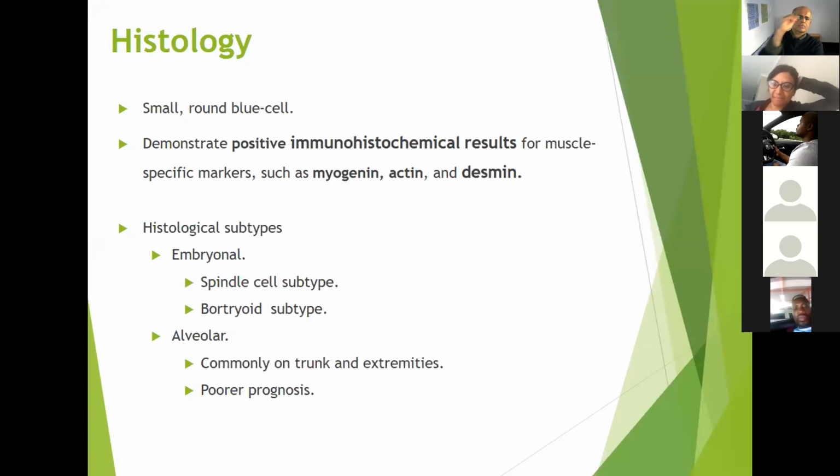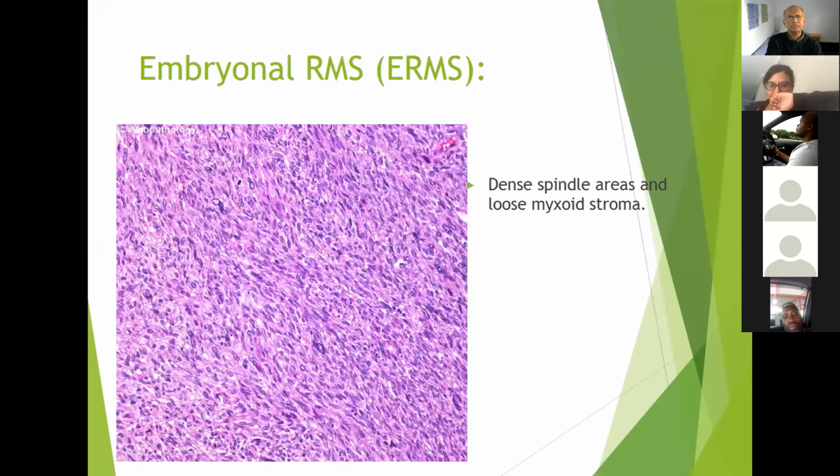So this is just a histological picture which basically represents your embryonal histology. This is showing dense spindle areas, and you can also see a loose stroma. That is how these tumors are actually described.